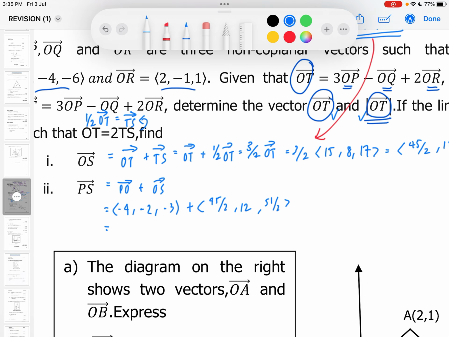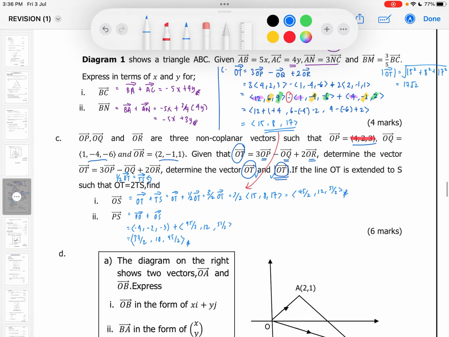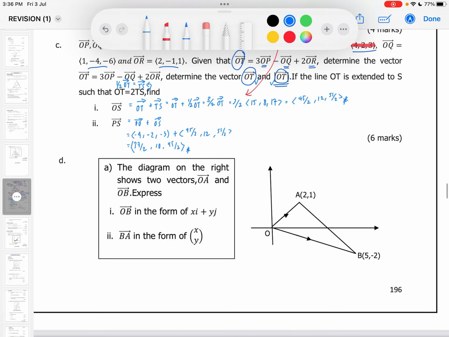So that would be 37/2. And then 10. Yes. And 45/2. Don't forget the bracket. And there you go. That is the answer for PS. So yay, we've already finished C. That was quite a lot of work for 6 marks.